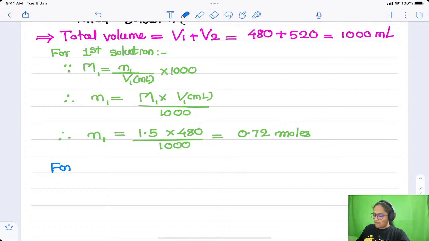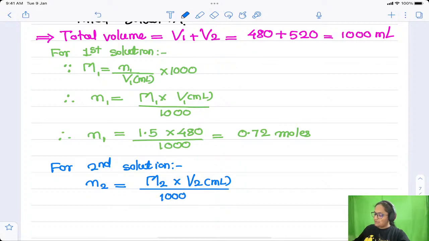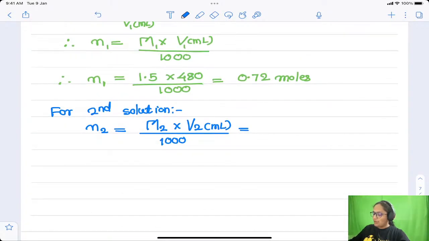Similarly, I can find out for the second solution. For that purpose also I can use the same formula. Now I will not derive it again. N2 is equal to M2 into V2 given in milliliters divided by 1000. What is the molarity of the second solution? 1.2.